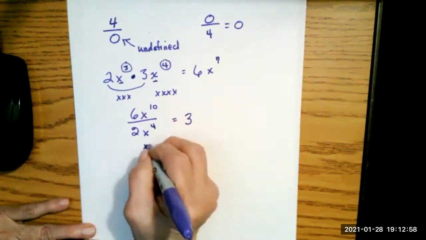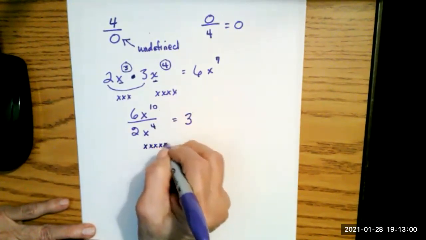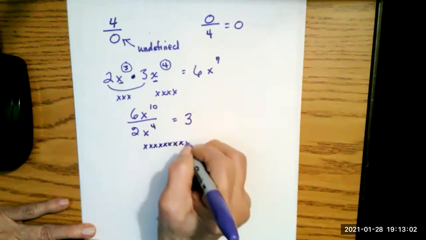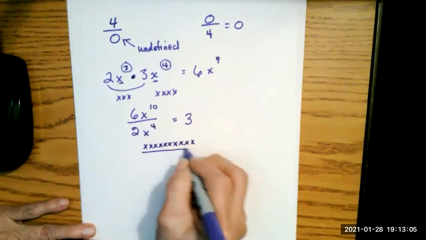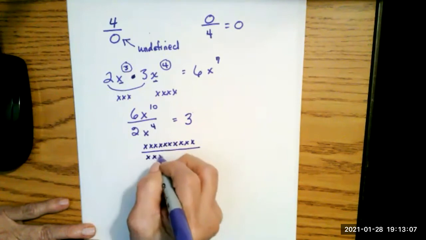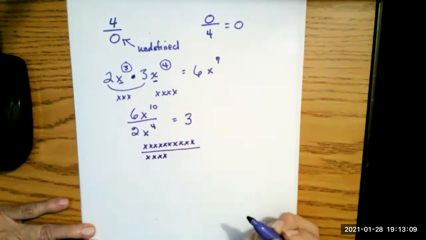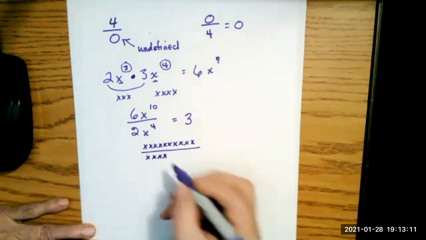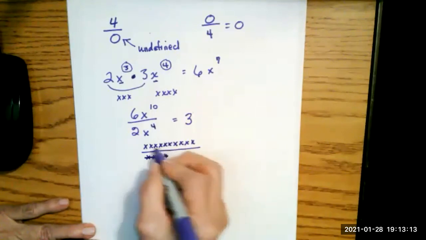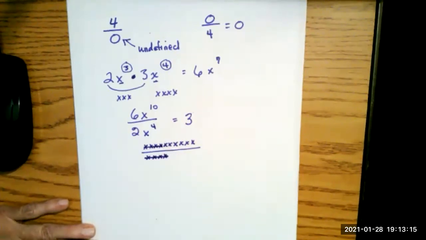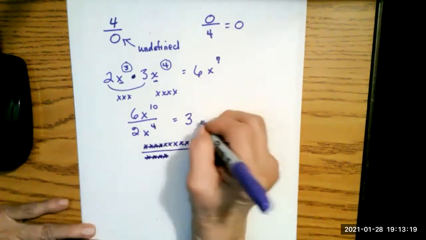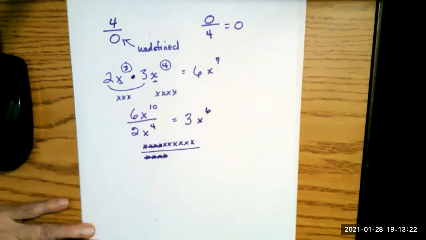Let's see, I would have 1, 2, 3, 4, 5, 6, 7, 8, 9, 10 in the top, and 4 in the bottom. So if I canceled out the like ones, then 4 of these would cancel into 4 of these. And what would I have left? 6. So x to the 6th would be what I had.